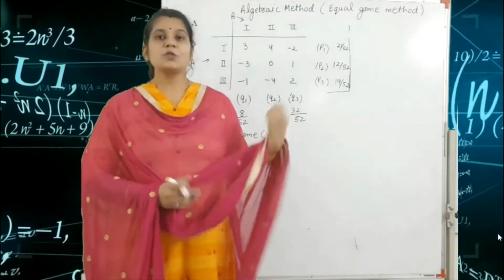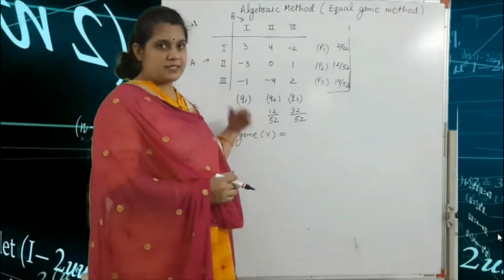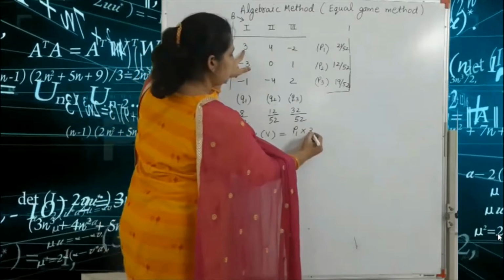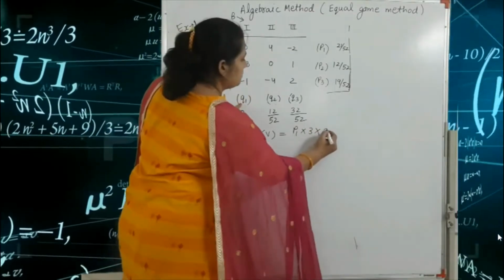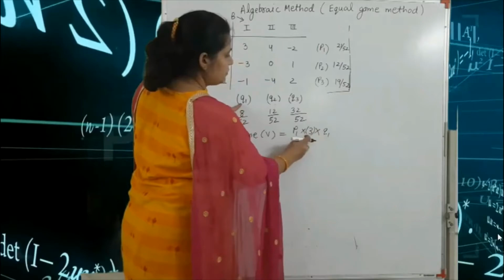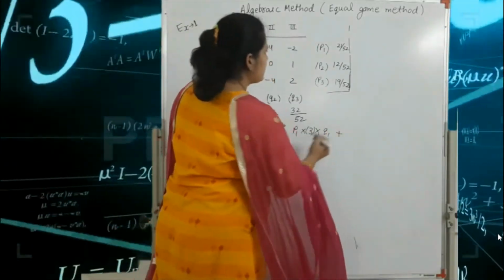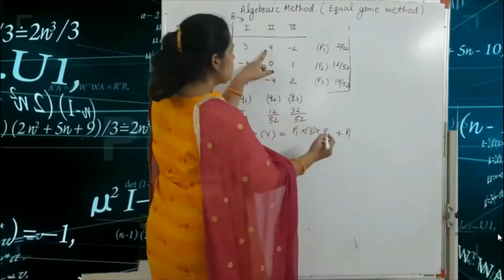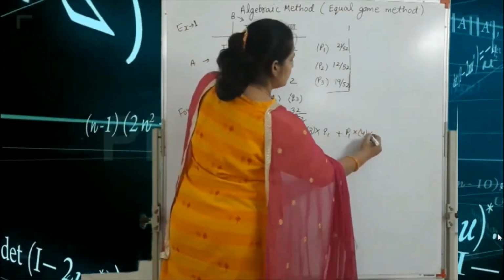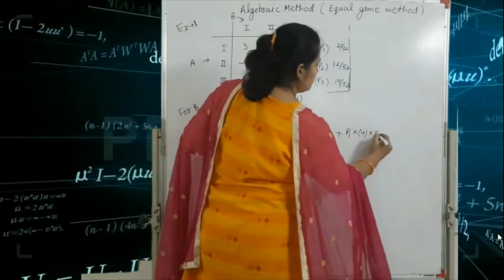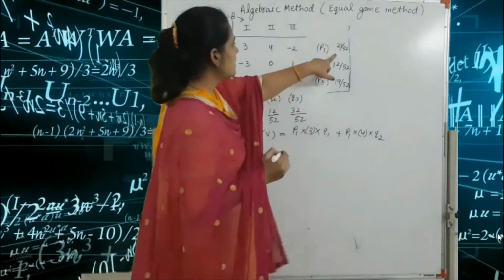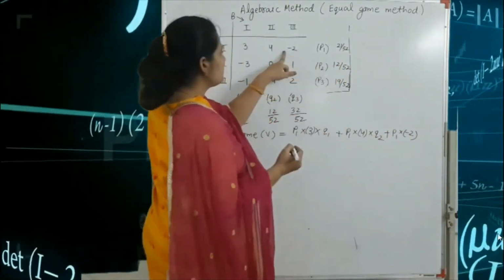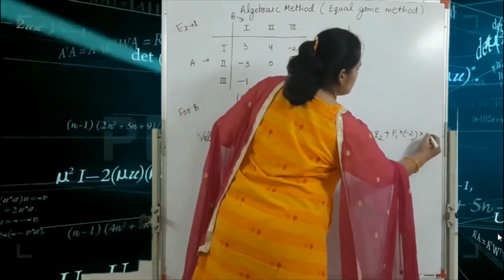So the formula for the value of gain is P1 into 3 into Q1, plus P1 into 4 into Q2, plus P1 into minus 2 into Q3.